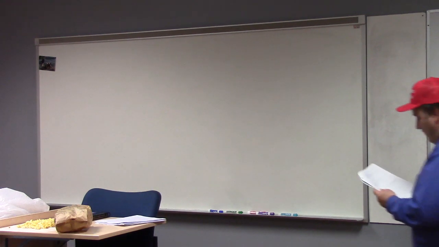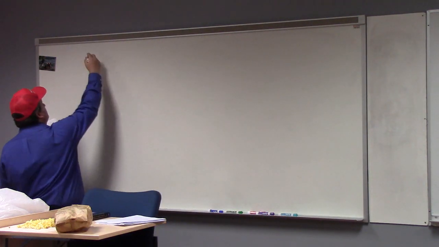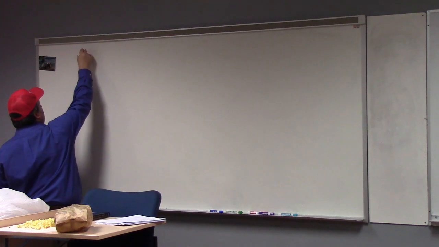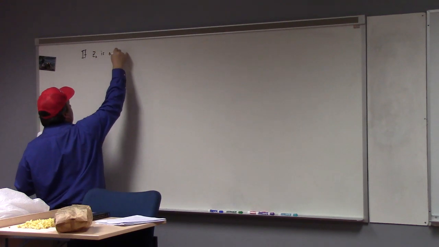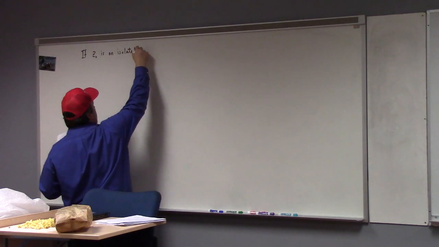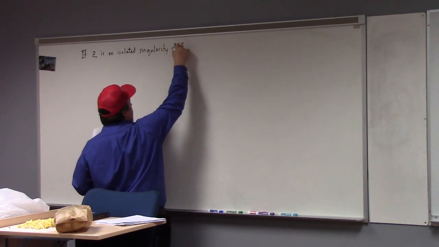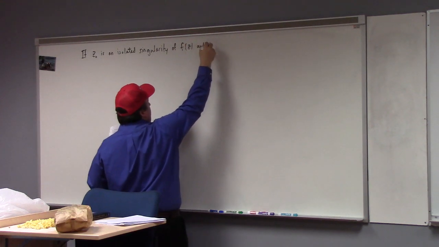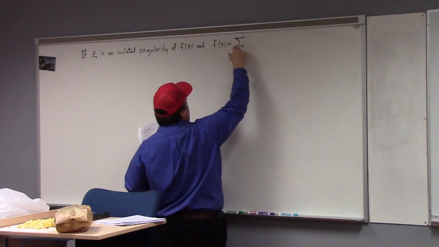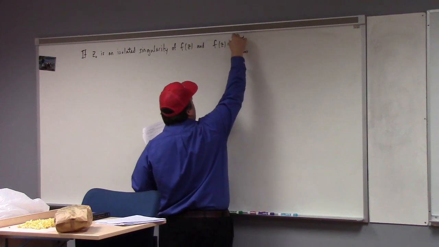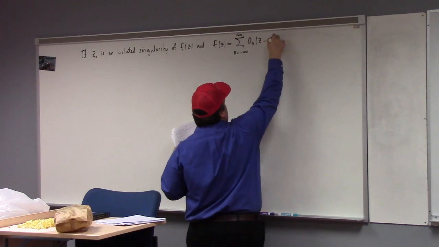All right, so I'm going to add a date. All right, so let's say z naught is an isolated singularity of f of z, and f of z is equal to a sum n equals minus infinity to infinity of a sub n times z minus z naught to the n, right?